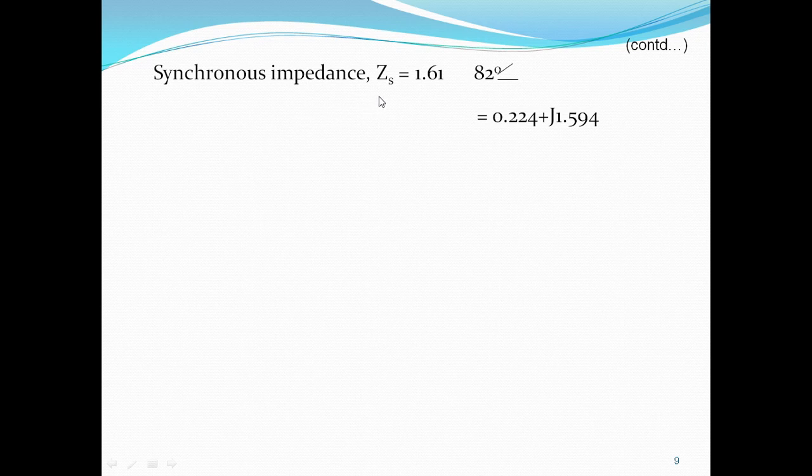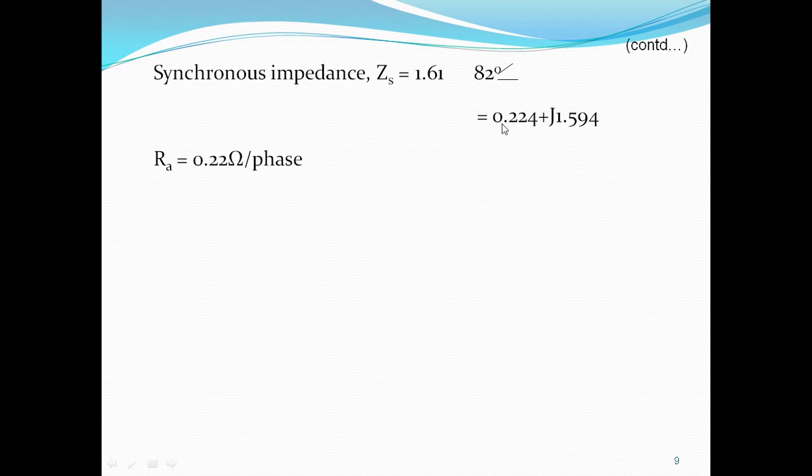And given synchronous impedance. What is the synchronous impedance? He gave 1.61 ohms at an angle of 82 degrees. So to get the armature resistance and synchronous reactance, multiply this 1.61. To get the armature resistance, multiply 1.61 into cos 82 degrees.